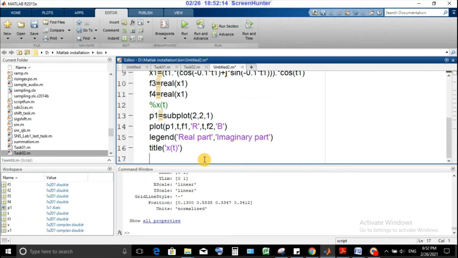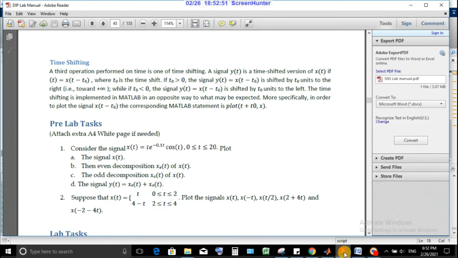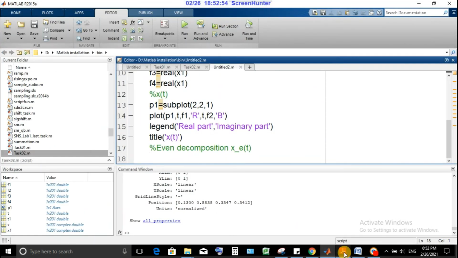Now the second part, even decomposition, x underscore e of t, given here; it is the even decomposition of x t.